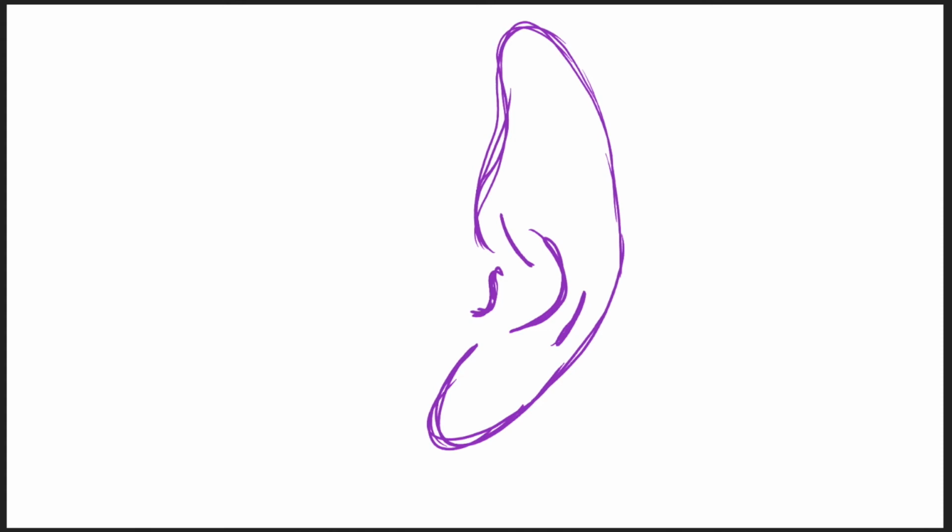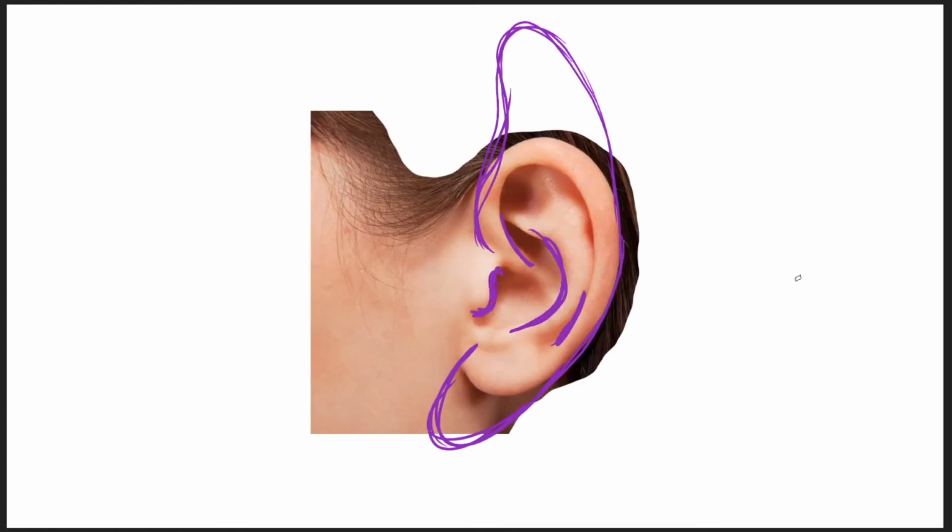So if we're looking at the overall shape, that macro shape, that primary form, it's this kind of bean slash boomerang shape, and then we can imagine that the helix and antihelix really just become extended. Not much of this anatomy really changes. Maybe that's a little bit extreme.